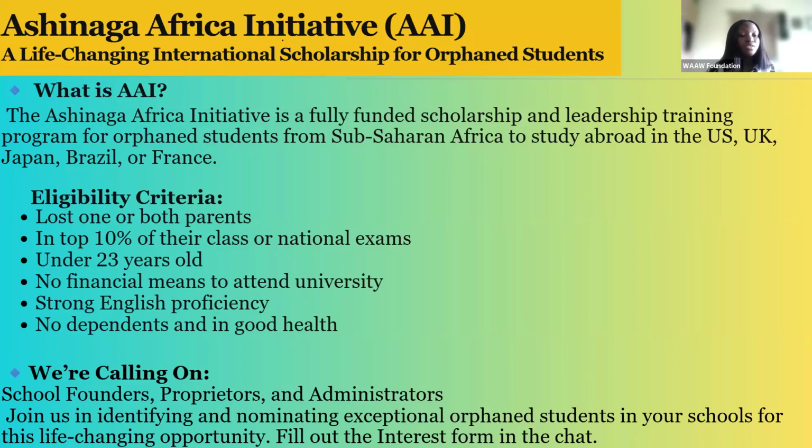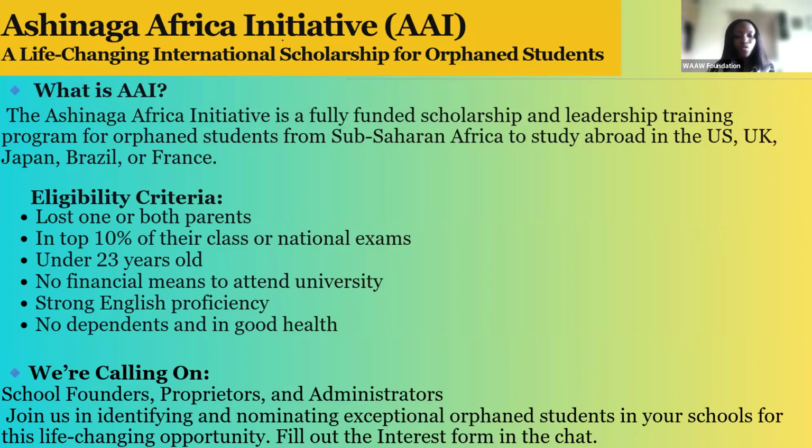So please, we are calling on school founders, proprietors, and administrators to help us. Join us in identifying and nominating exceptional orphaned students in your schools. This opportunity is specifically for orphaned students, please. It's not for students that still have their parents. They should be orphans, having lost one or both parents.